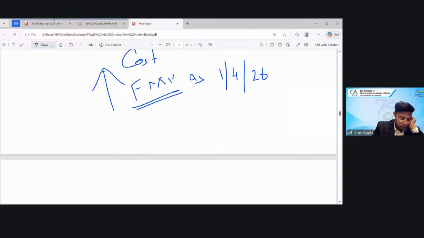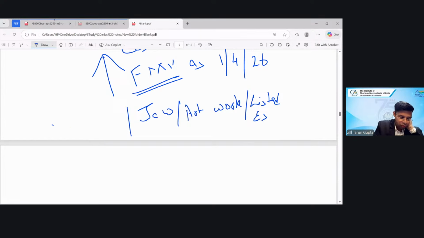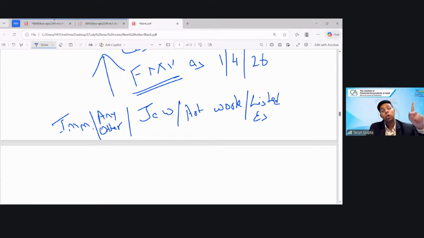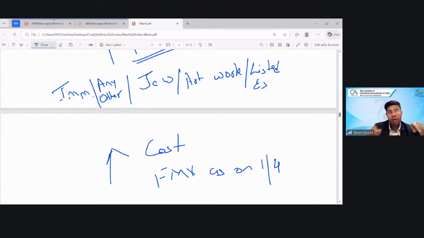So for jewelry, artwork, listed equity shares, immovable property, or any other asset, for all this, the value of this foreign asset shall be the higher of cost or their FMV as on 1st April of the previous year.